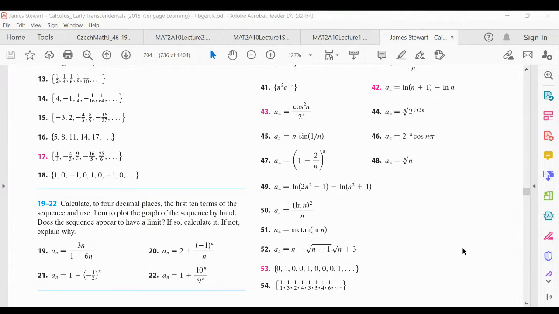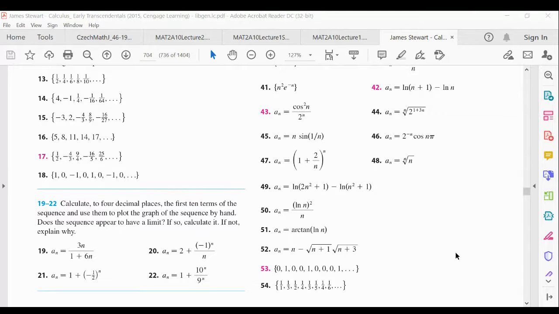Everyone's had a look at the sequence, the general term, (1 + 2/n)^n. Remember now, as n gets bigger, I'm multiplying more and more of these factors together, right?